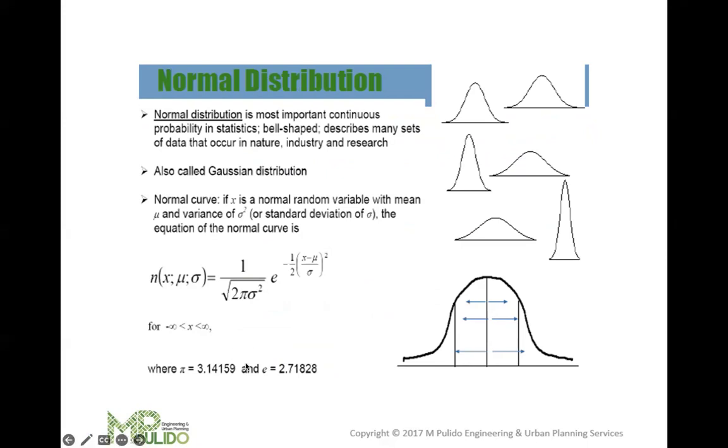The normal distribution, also known as the Gaussian distribution, is one of the most important continuous probability distributions in statistics. It is characterized by its bell-shaped curve, symmetric around the mean, describing many natural phenomena and data sets in various fields, including nature, industry, and research.